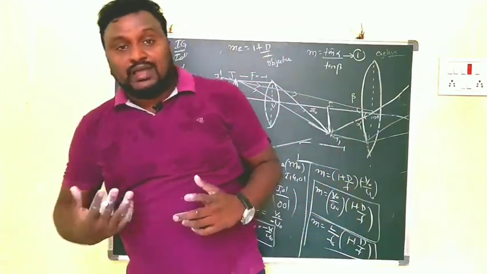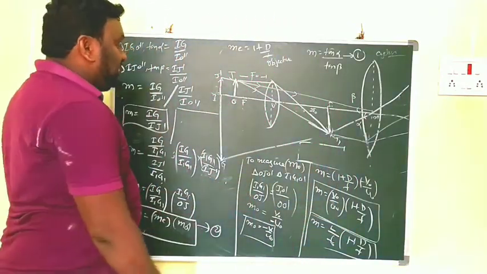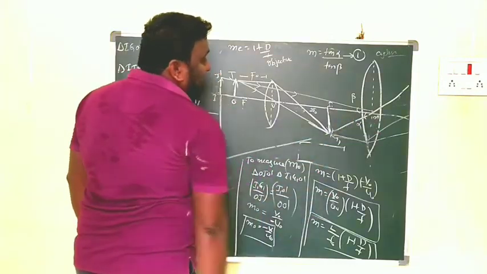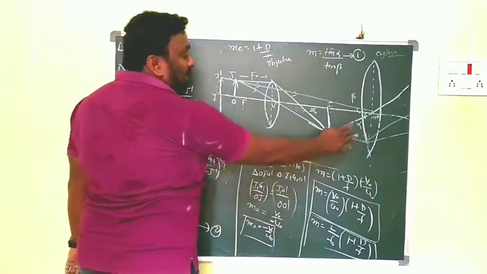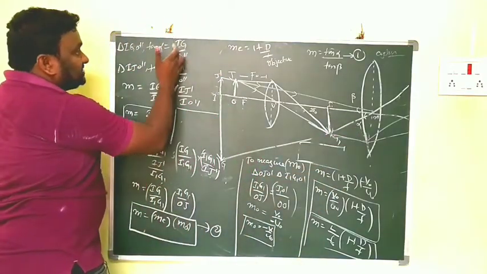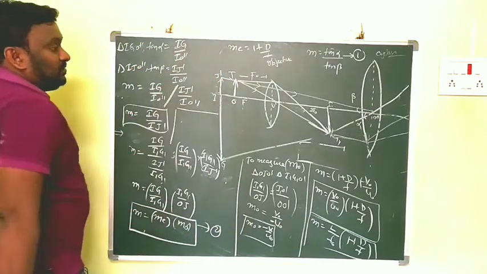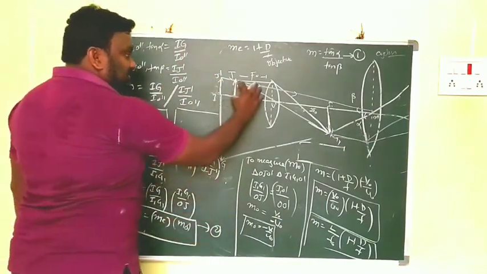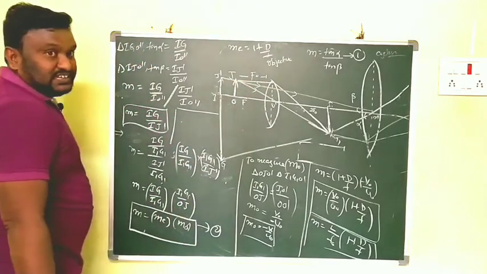And now we want to find out the magnifying power. For that, first we take the triangle IGO double dash. IG makes some angle alpha. That's why I am writing tan alpha is IG by IO double dash. Clear? Next, this object is placed at the location IJ dash.